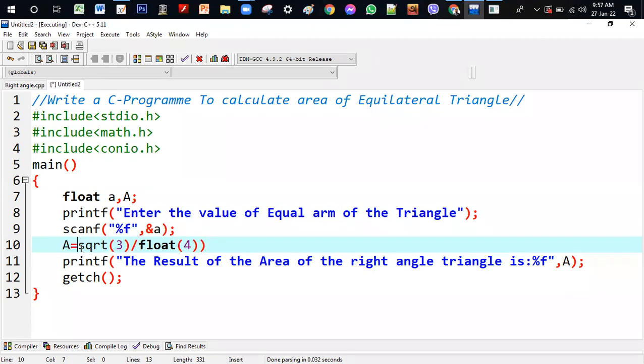For the fractional number, we have to declare float 4, into sqrt 3 by 4 into a square into a.